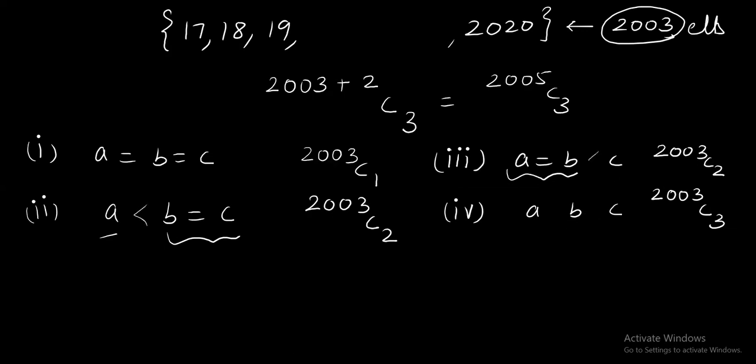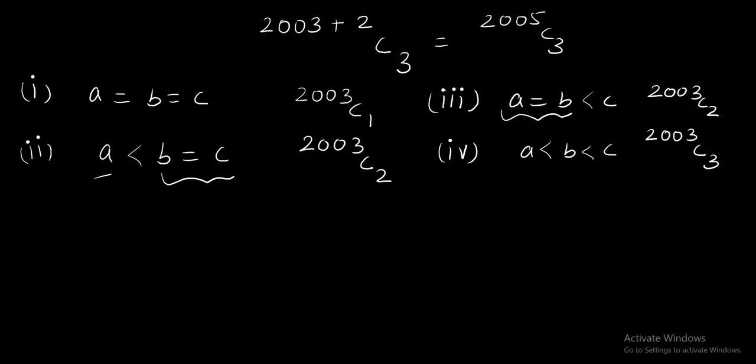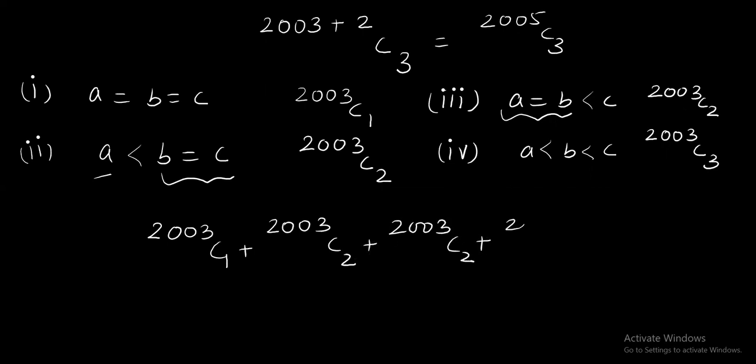Okay, this is the situation that we have. So how many answers will we now get? We will get 2003 C 1 plus 2003 C 2 plus 2003 again C 2 and then 2003 C 3.